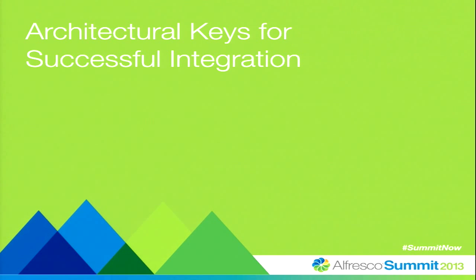So talking about integration now, what are the keys to being successful, okay? So you can think of this as lessons learned from Rivet Logic, sharing it with you guys after doing dozens of these types of integrations.